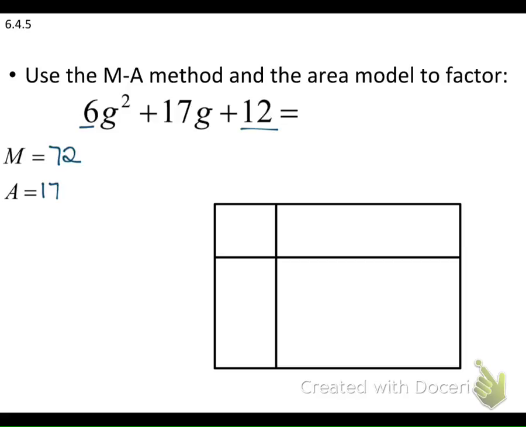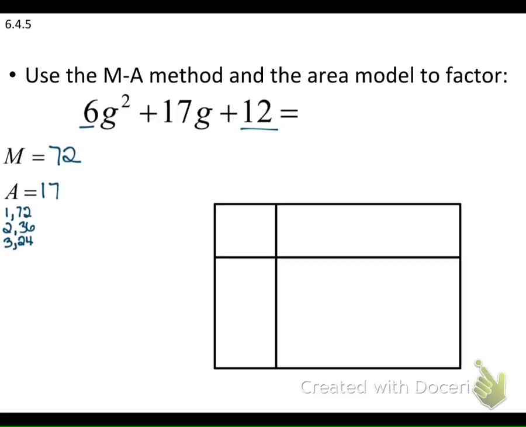All right, now let's do our factor pairs of 72. So I have 1, 72, 2, and what? 2 times what is 72? You can figure that out by doing 72 divided by 2, which is 36. What about 3? 24.